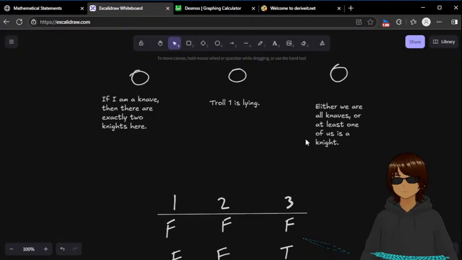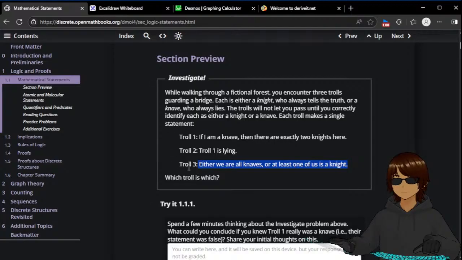If troll 3 was a knave and he's lying, then what's the truth version of this?